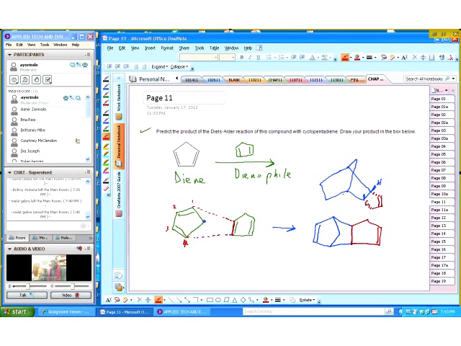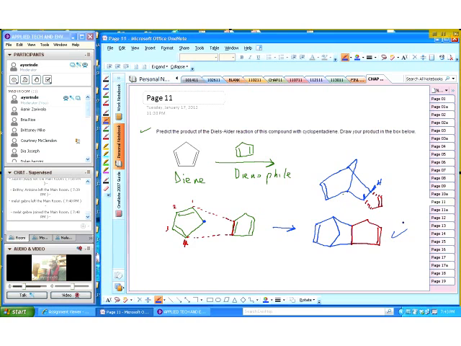The double bond is here. That's if you want to be fancy. So this endo product will be formed. Of course, the double bond will also be right here. Do you guys see that? But for the most part, if you just want to stop right here, that is fine with me.